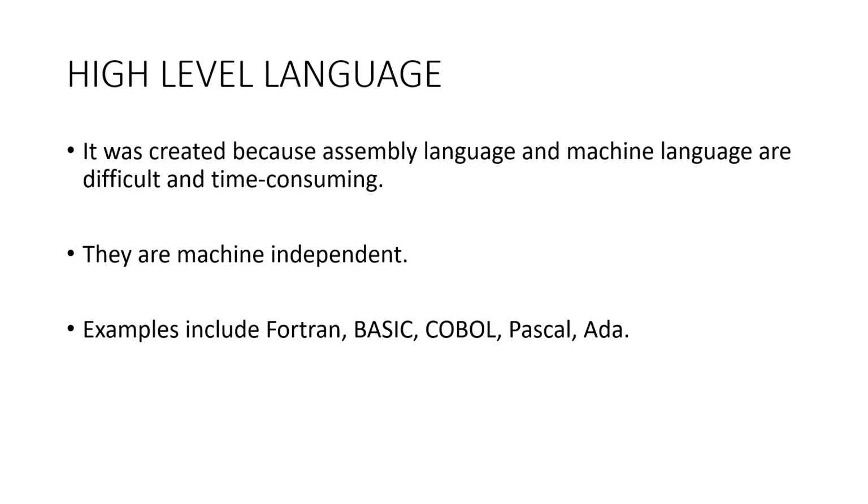It can be written with particular sets of numbers, letters, and special characters, and precise punctuation rules must be followed. So this is easier than machine language and assembly language.